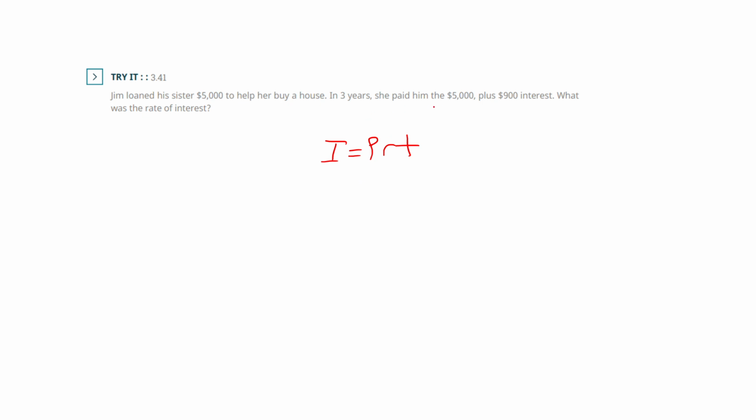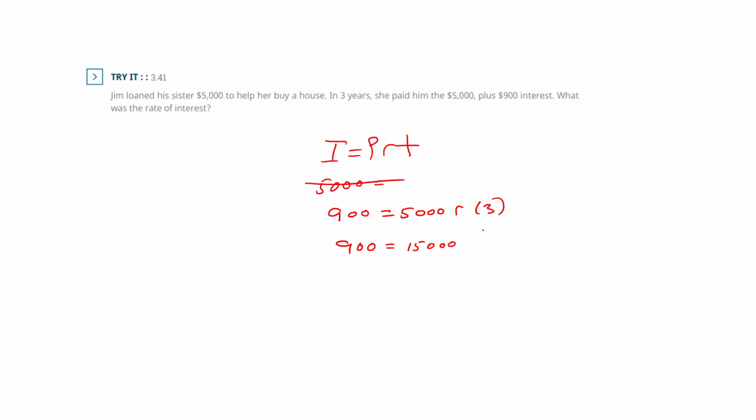Okay, so they're telling us she had $5,000 in interest. Oh no, I'm sorry, hold on. She had $900 in interest. The principal was this. We don't know R, but we know it was for 3 years. So the first thing I'm going to do is make this move to the front, just multiplying the 3 times the 5.